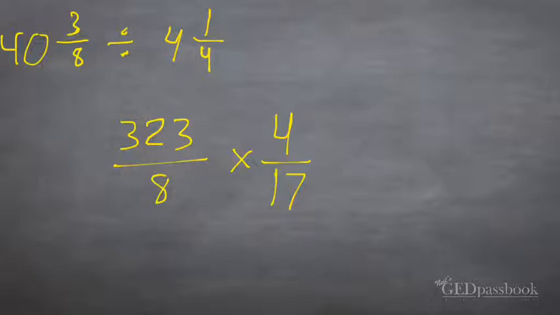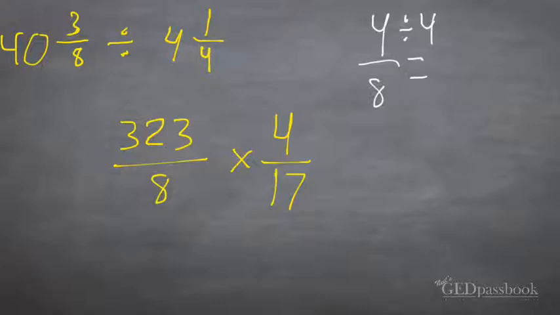How about we do the easier one? 4 and 8. Could that one be simplified, your 4 and your 8? Yeah. To what? 2 over 2. 4 over 8, if you divide this one by 2.